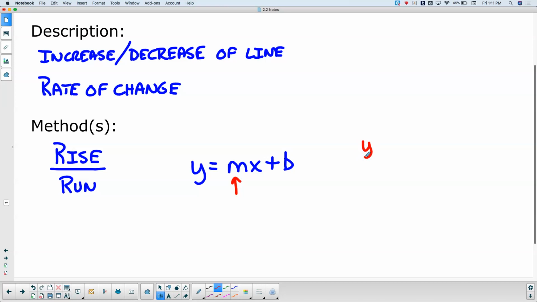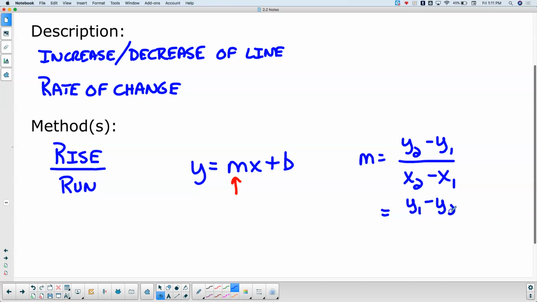Doesn't matter what order you go in as long as you stay consistent with your order too. But it's got to be y's over x's. Okay?